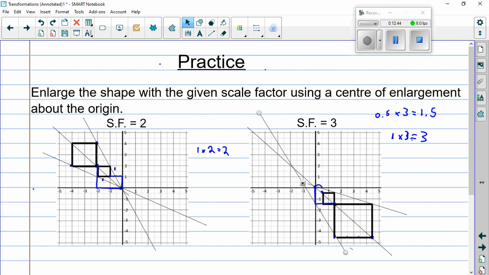So we could tell even as we were doing some of that, getting some of these lines in, that, well, they definitely do line up. And the farther you extend your lines, the more accurate they will be. There you go. That is how we enlarge with their center at the origin.